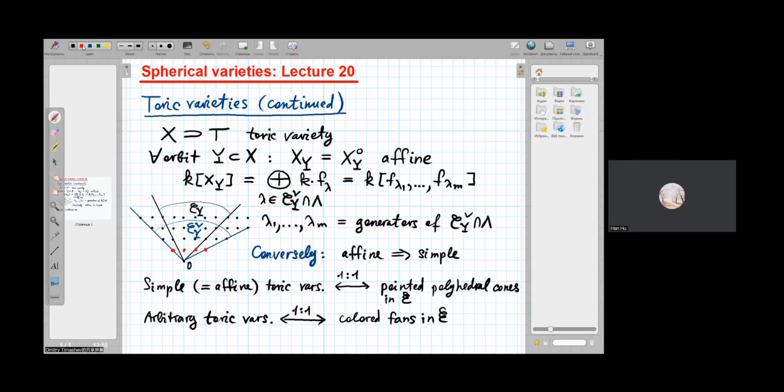But in the toric case, again, we can forget about colors. So we can remove this word colored from the definition because the set of colors is empty.